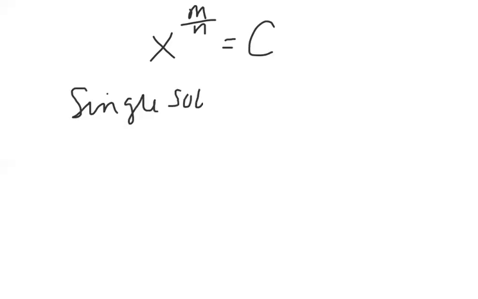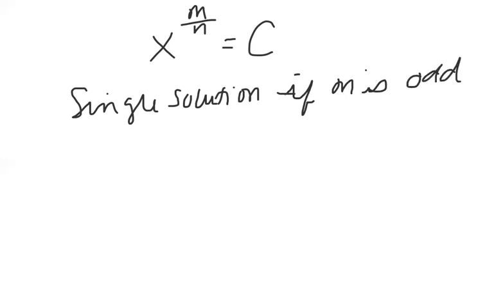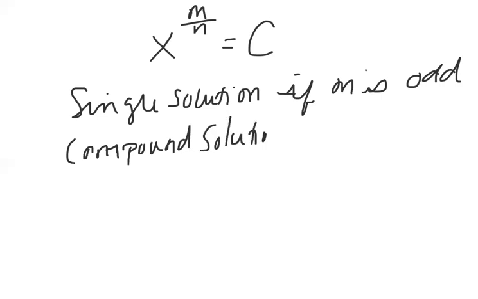So if you have an equation in the form of x to the m over n is equal to c, you will get a single solution if m, the numerator, is odd. However, you will get a compound solution, as in double solution, if m is even.